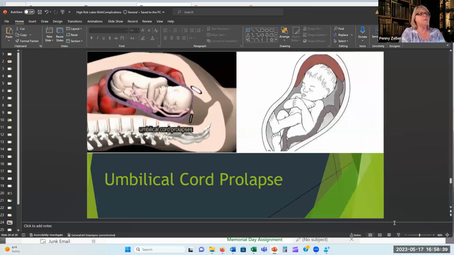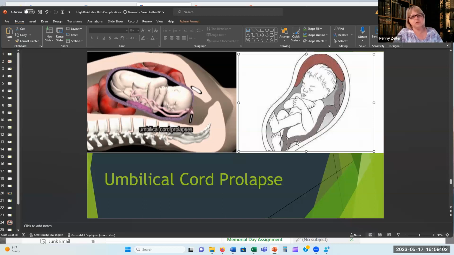And umbilical cord prolapse we talked about. Now this picture is cut off, I realize that. But you can see this baby's in a breech position, so there's a greater chance of that cord dropping down. So if you were to get mom up on her hands and knees, those feet would fall back down and relieve the pressure on the cord.